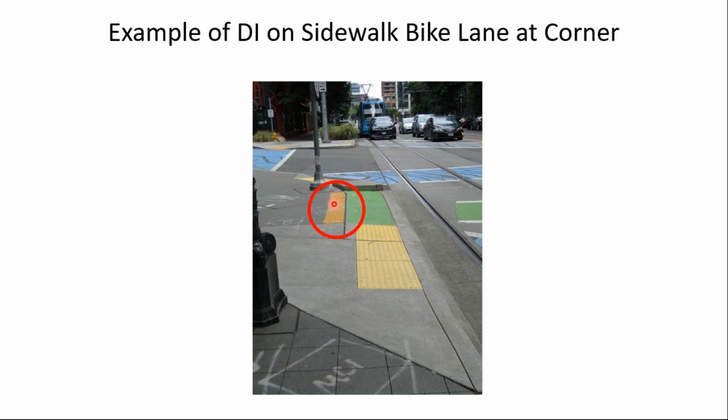So the city here has put in the design that I showed you in the photograph with the penny. These are the directional indicators. So if a blind pedestrian gets into this area, they can detect that and will go to either their left or their right and hopefully find the pedestrian crossing in this environment.